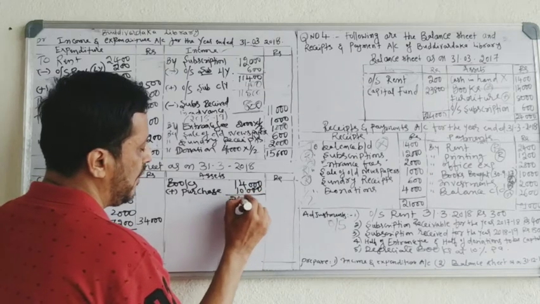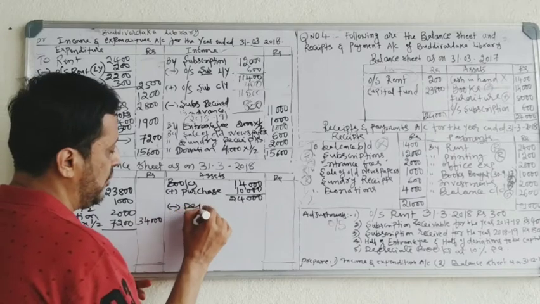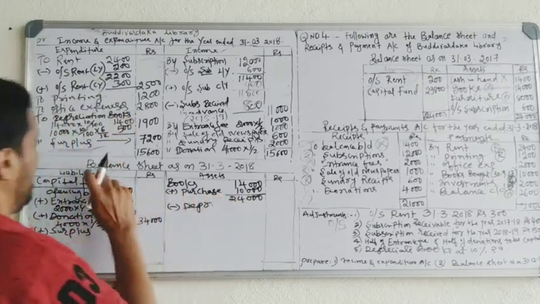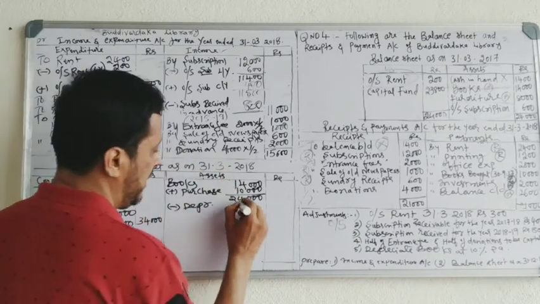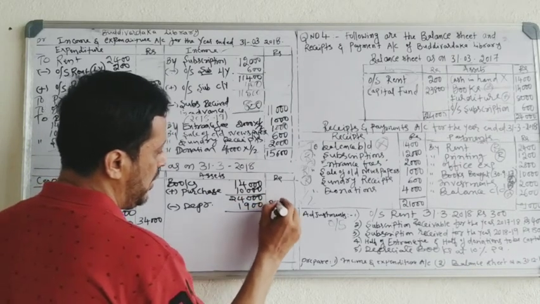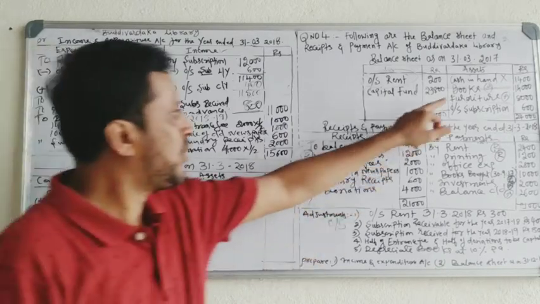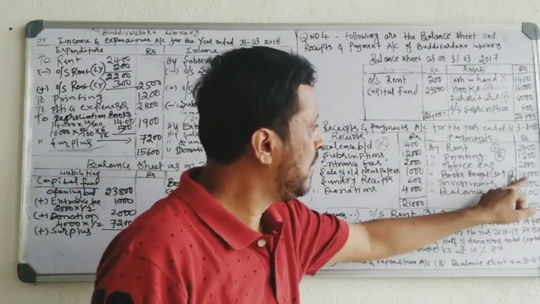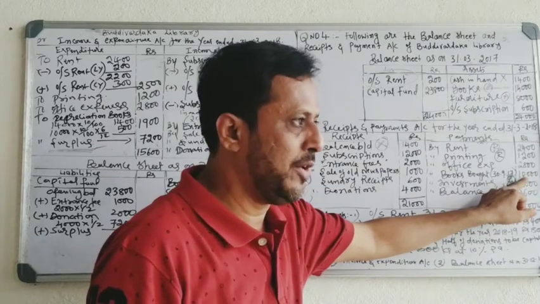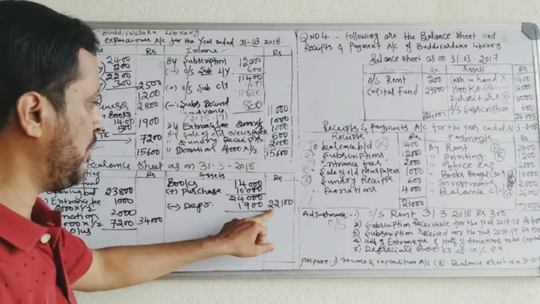Total books is 24,000, less depreciation of books, calculated here as 1,900. 22,100 is the books value. Books 14,000 plus 10,000, 24,000, minus depreciation 1,900, so 22,100.